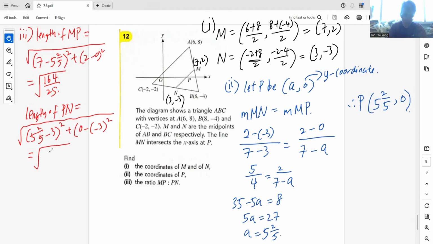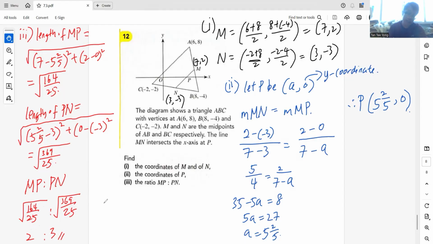This will give us square root of 369 over 25. Now the ratio: MP is to PN is square root of 164 over 25 is to square root of 369 over 25. If you key this into a calculator, it equals 2 is to 3.